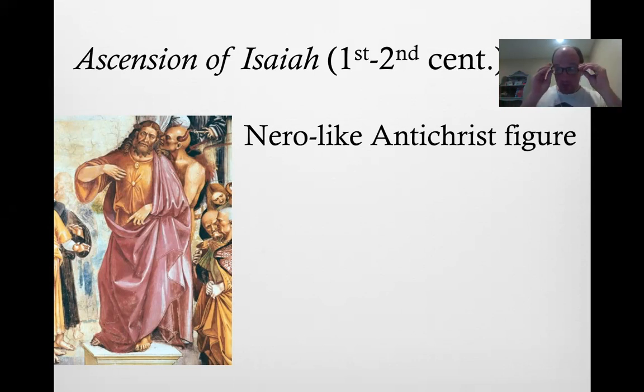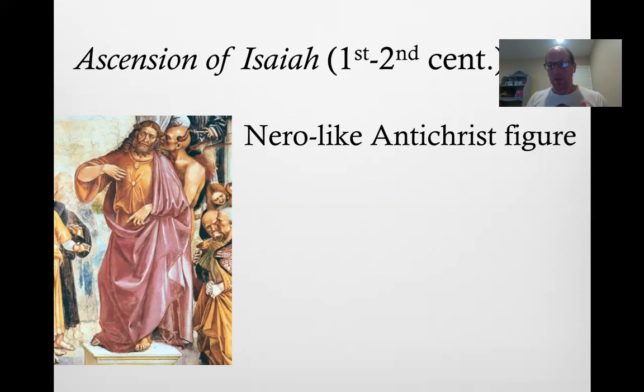There are figures who are clearly against Christ in this book and who are warriors against the Lamb and against God. But this Nero-like Antichrist figure in Ascension of Isaiah shows what's going on in that first and second century context, the way that people thought about who Nero was, his relationship to the church, and his relationship to Christ.